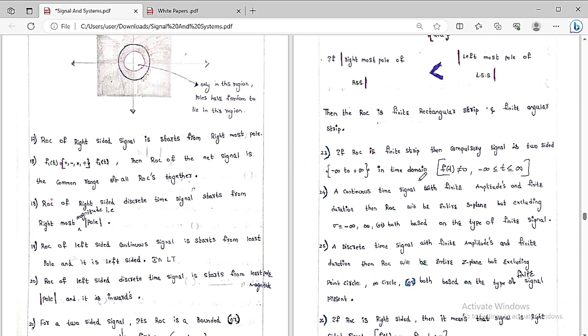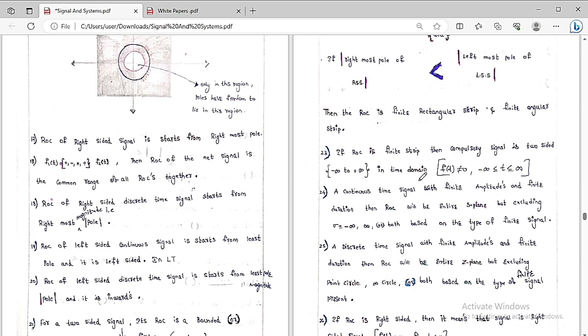So what is the meaning of a two-sided signal? f of t is not equal to 0 for t from minus infinity to plus infinity. This is called a two-sided signal. So if the ROC is a finite rectangular strip or a finite angular strip, then definitely whatever the given signal is, it is a two-sided signal, in the continuous time domain as well as the discrete time domain.